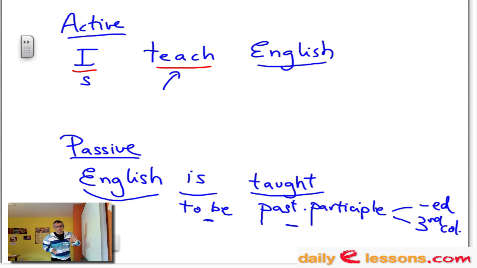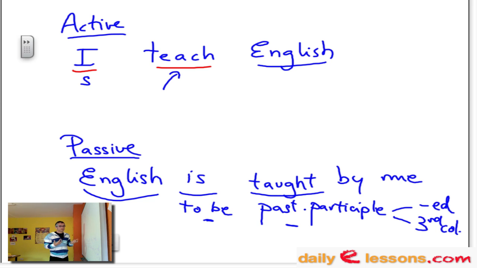Past participle, we've got regulars, ed, we've got irregulars, third column. And if it's important to say who does the action, we're going to add it with by. So English is taught by, in this case, by me. Okay? And this is the passive.